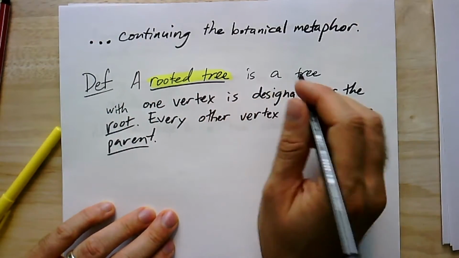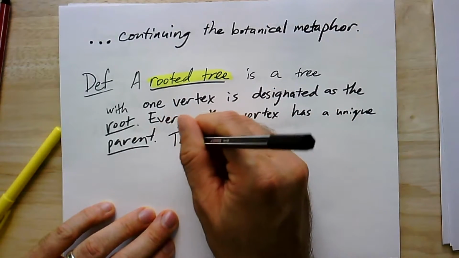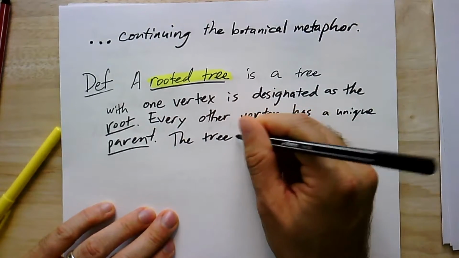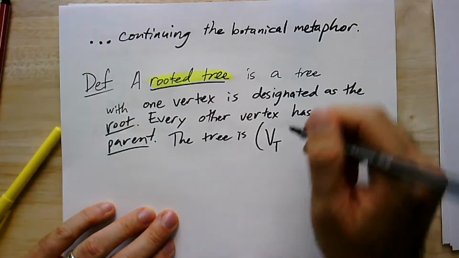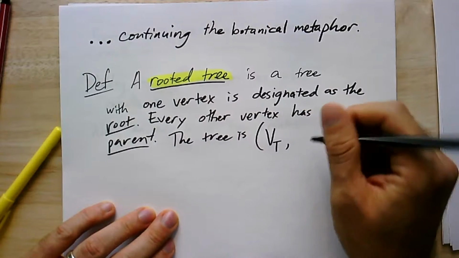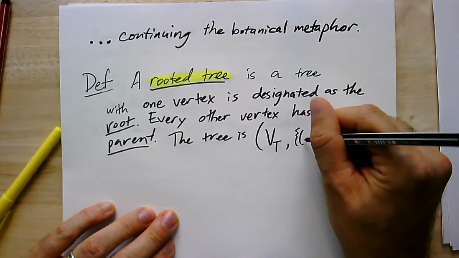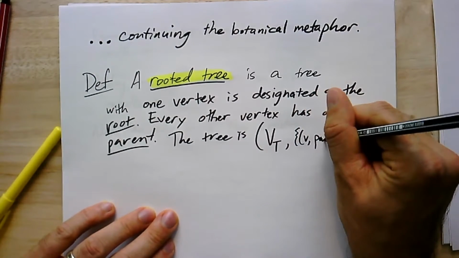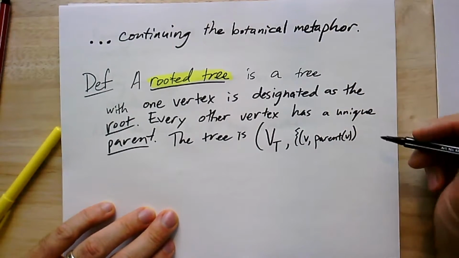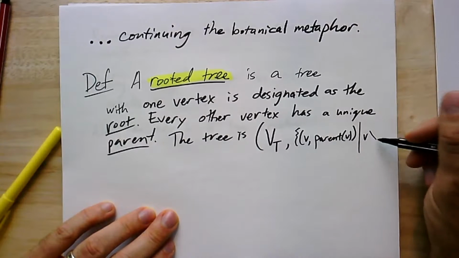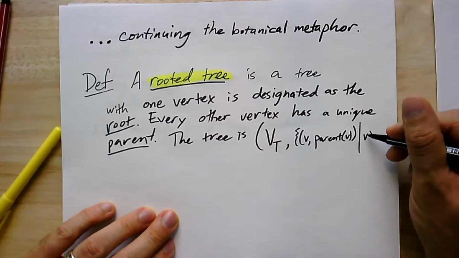The tree actually can be written now as this pair, right? It has the same vertex set as T, or whatever vertex set we started with, but the edges are all of the form V to parent of V. Right, so for V other than the root.